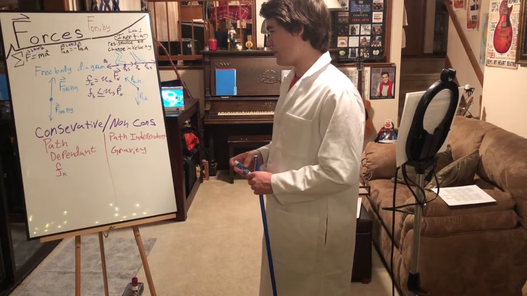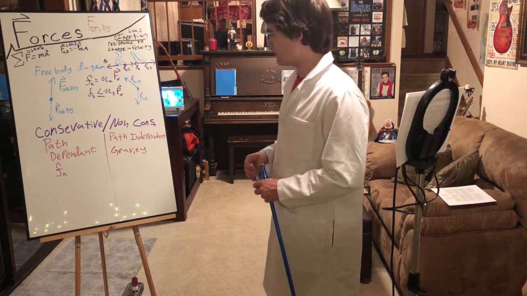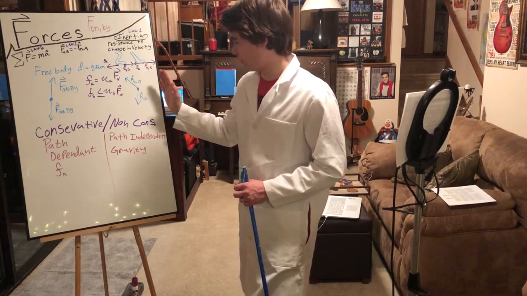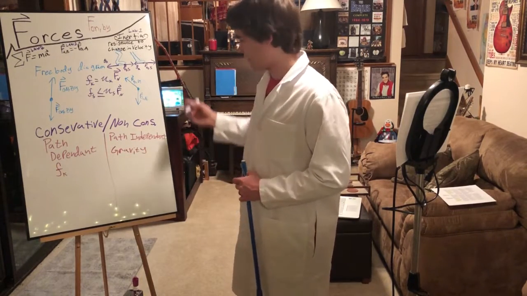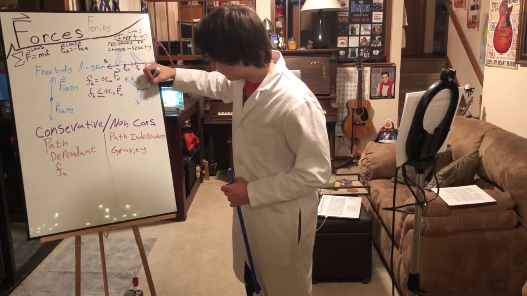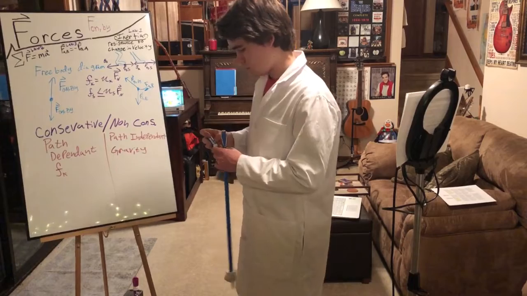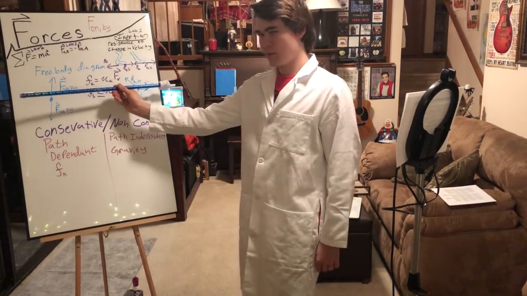This free body diagram, however, is not quite complete, because based off this, the shoe should be moving this way. The force we're missing here is the force on the shoe by the person. The person is pushing the shoe this way.